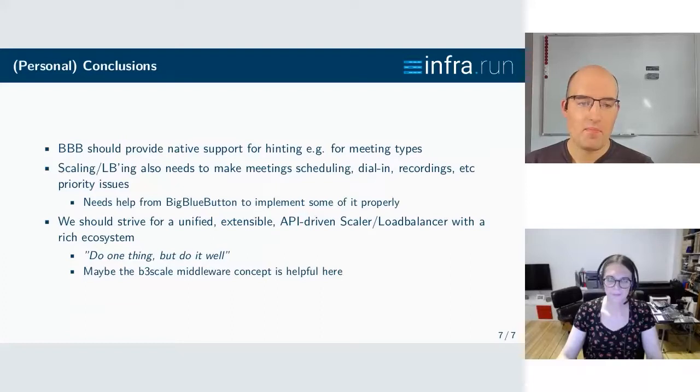the meeting example is a great example of one. Sometimes the front end can know that this meeting is a really important meeting, and it needs to be put onto its own BigBlueButton server because it's going to be large. If there was a standard way of passing that along as an API call, like a meta parameter, then any load balancer could take that parameter and say, I know that this is a special meeting.